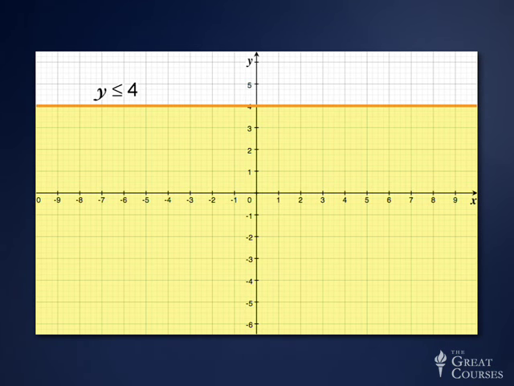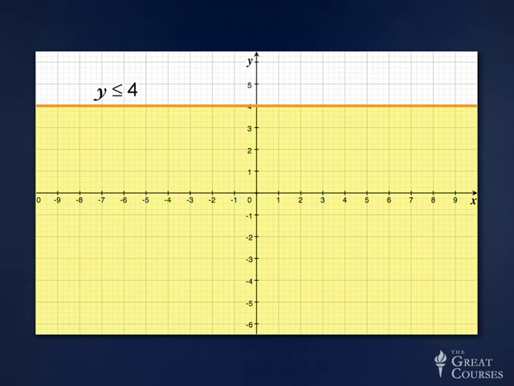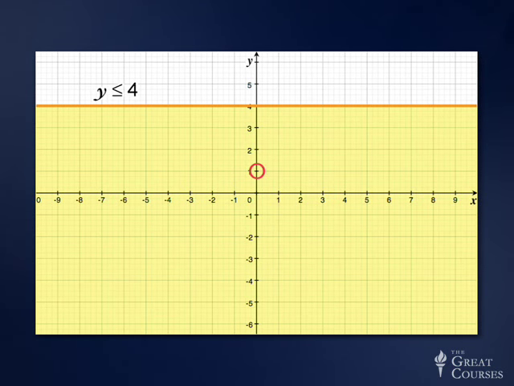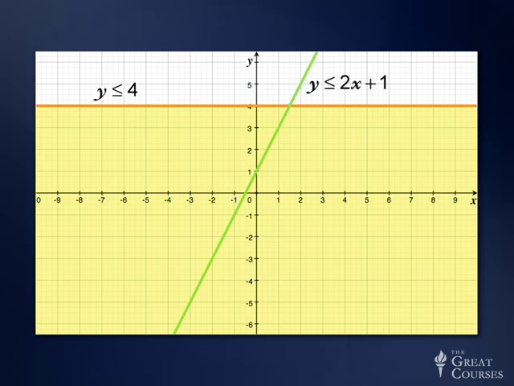It was y is less than or equal to 2x plus 1. The boundary line for that inequality is going to be y equals 2x plus 1. And that line is pretty easy to draw. If you think back to some of our earlier lessons, it's the straight line with y-intercept 1 and slope 2. So we ought to be able to draw that pretty well, and that goes pretty quickly.